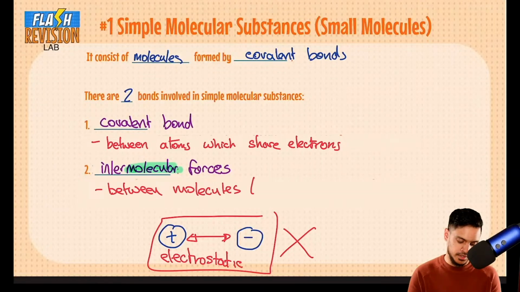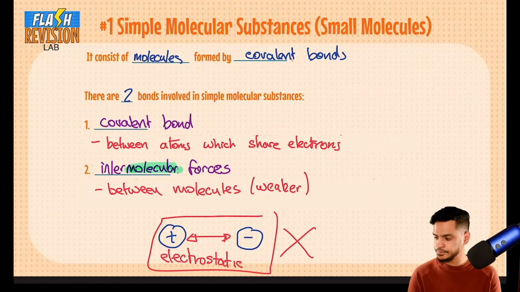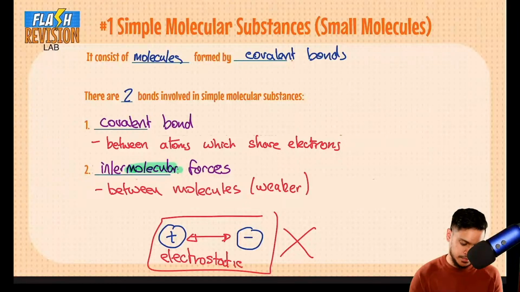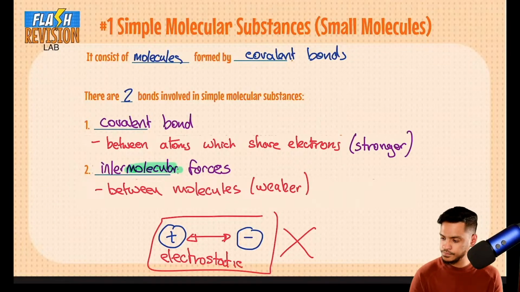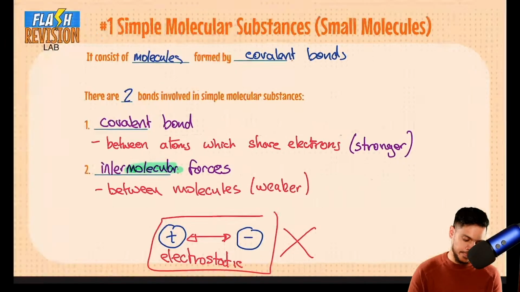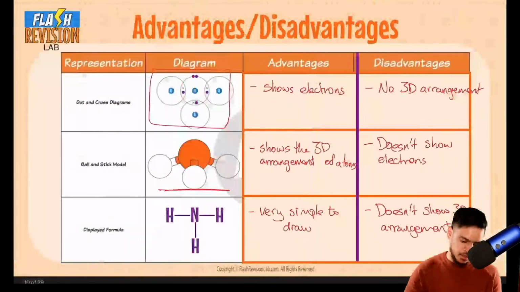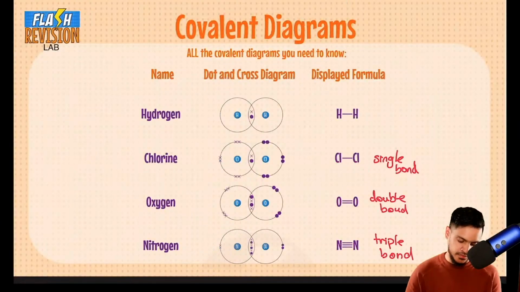Covalent bonds are stronger, and intermolecular forces we can say are weaker. A molecule is when you have 2 or more atoms bonded together. All of the ones that I listed out here are molecules.